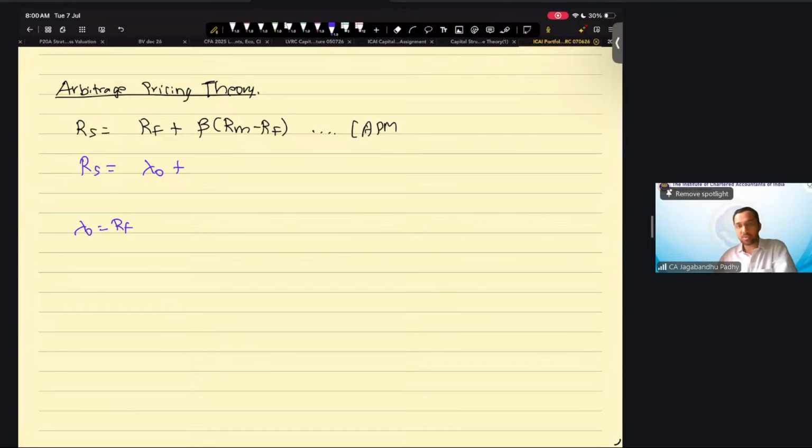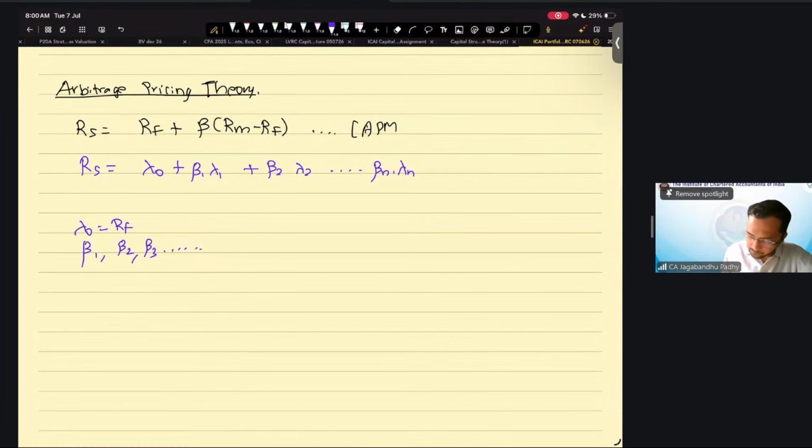It's going to be lambda zero plus beta 1 lambda 1, beta 2 lambda 2, and like this it goes on till beta n lambda n, where beta 1, beta 2, beta 3 are all what? Factor betas.